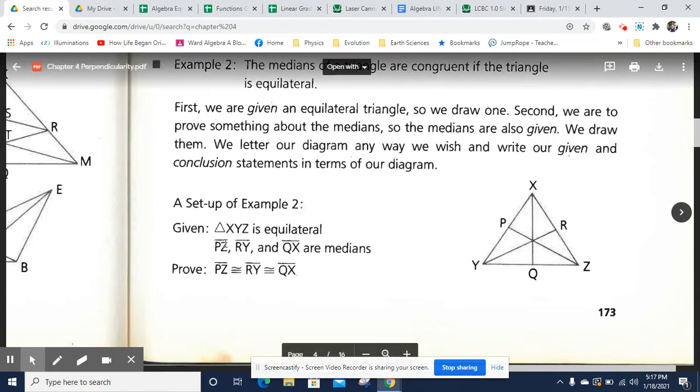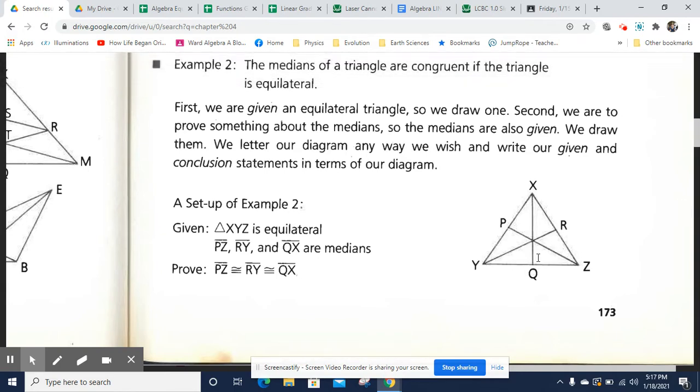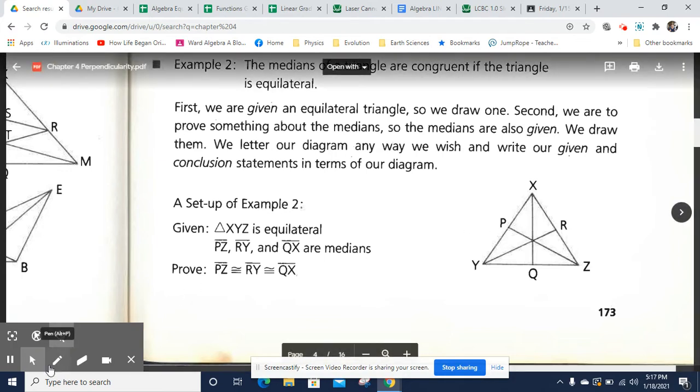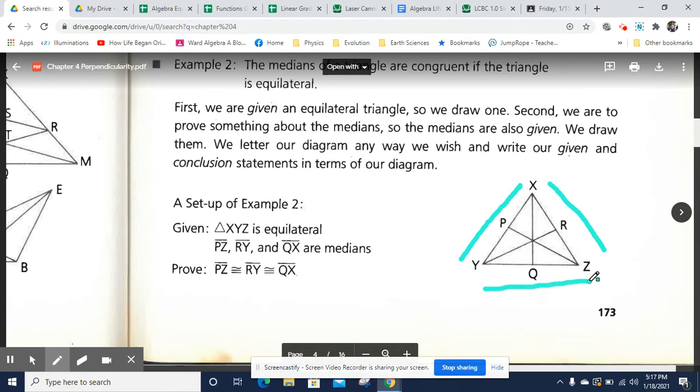So we drew an equilateral triangle PZ, and RY and QX are all considered medians. And since they are medians, we have some information already. By defining it as an equilateral triangle, we know that this side and this side are congruent.